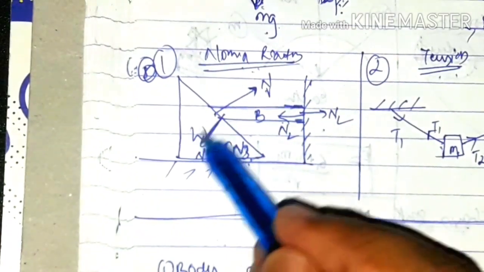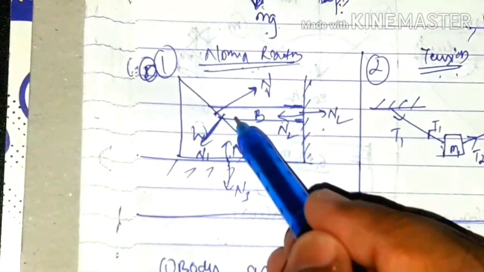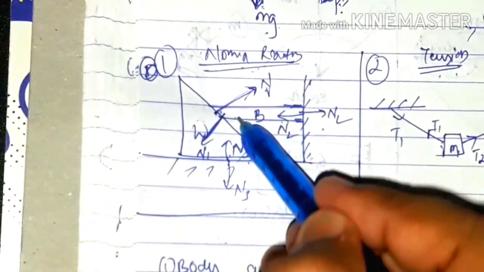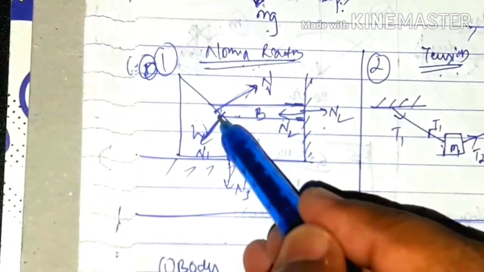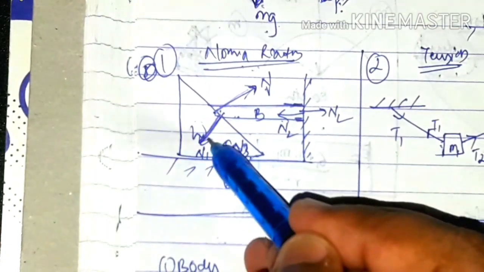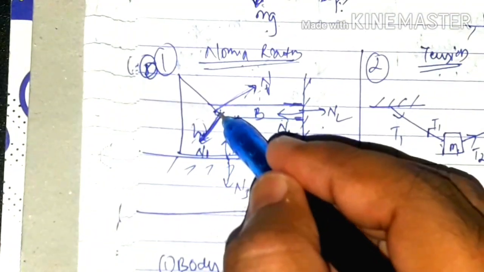The inclined plane is exerting a normal reaction onto this block like this. In turn this block is also exerting a counter force exactly downside, that is this one. Let us call this normal reaction n1, and this n1. So these are opposite in direction. So this is one normal reaction force.